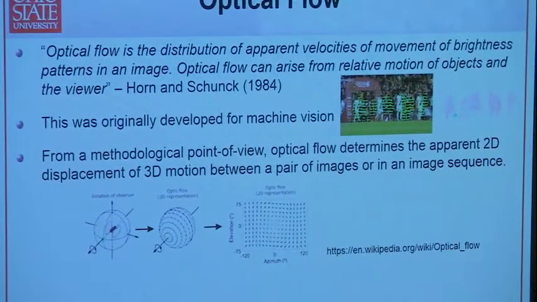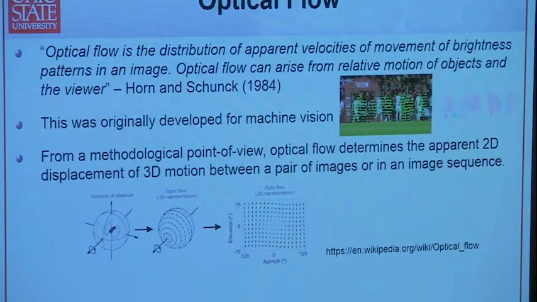From a methodological point of view, let's think about what optical flow really is. It determines the apparent 2D displacement of 3D motion within some time. Okay, so this view right here is a good example. Let's say I'm looking right at this sphere, okay? And let's say I can mark it some way, and this thing's rotating, right?